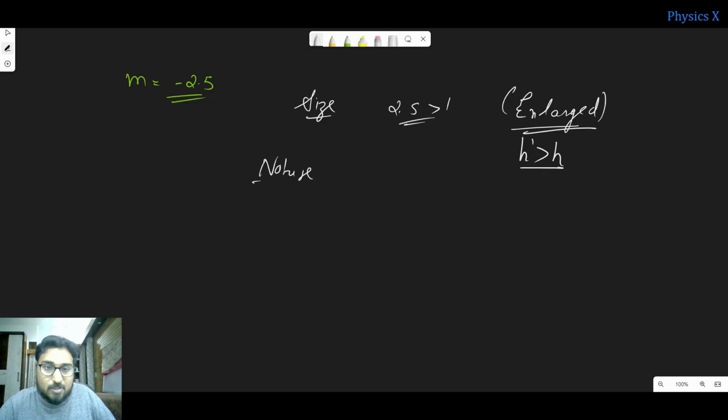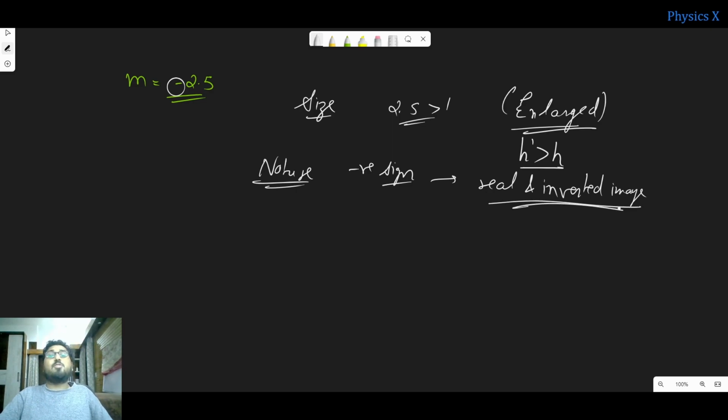This is a negative sign, so it is a real and inverted image. This is how you can comment on the nature and size of the image by just knowing the magnification.